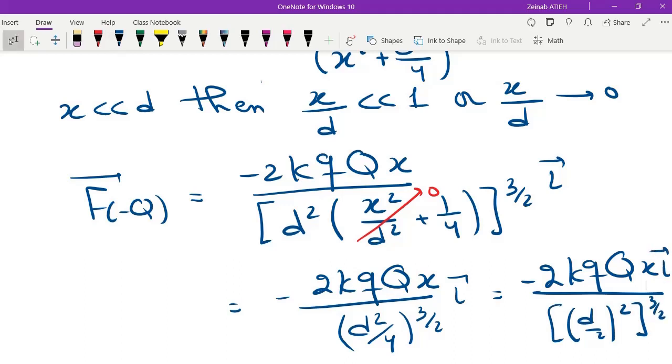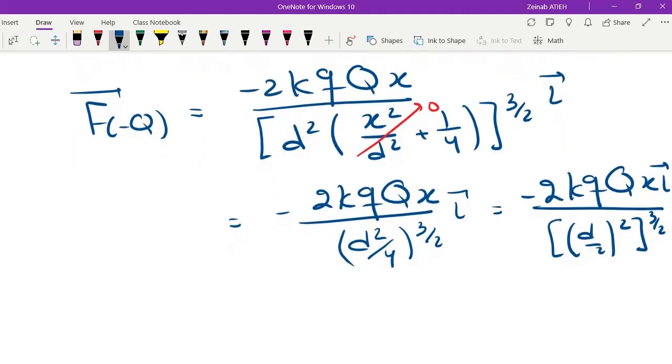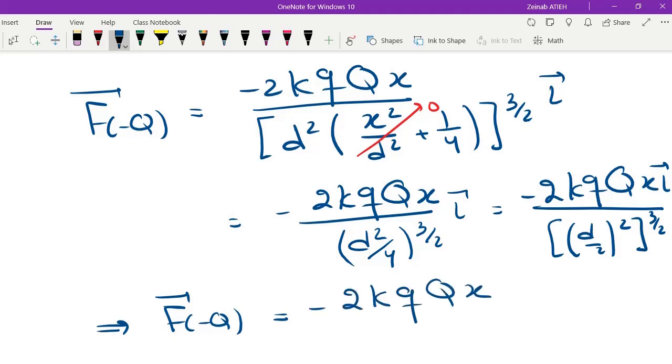Okay, so multiplying the powers implies F of minus q is equal to minus 2kqx over (d over 2) cube, i.